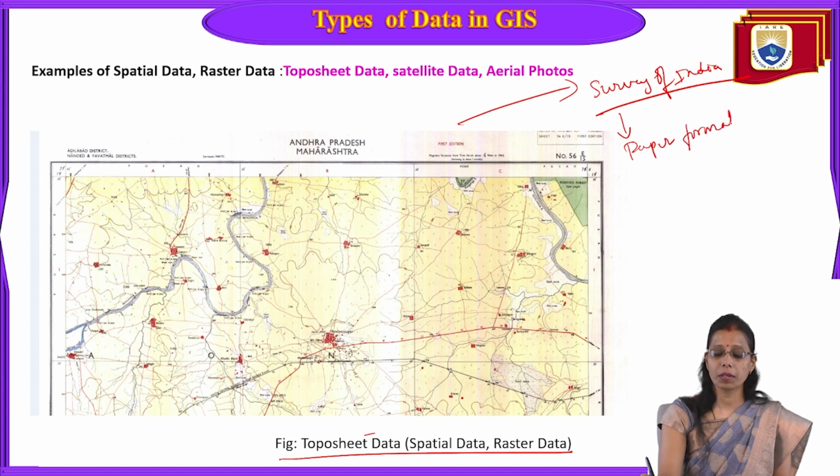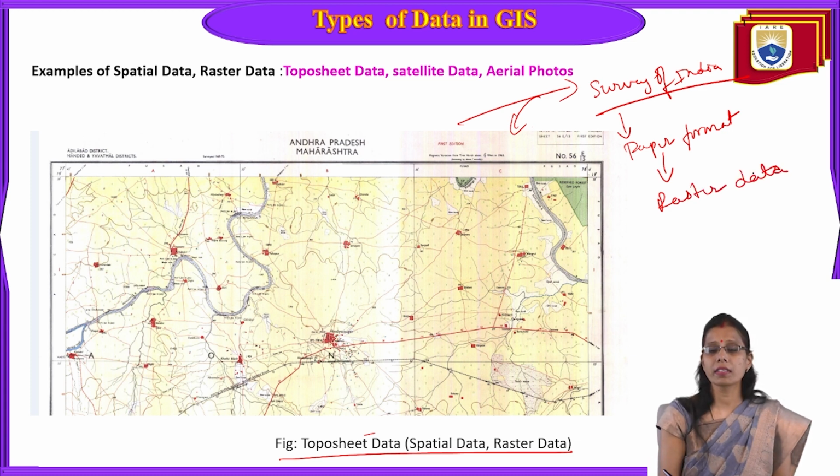If you want to work with this toposheet data, we have to convert this paper format to raster data. How can we convert it? Through scanning.